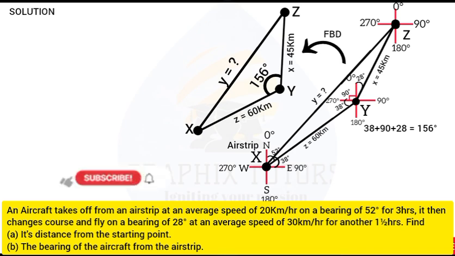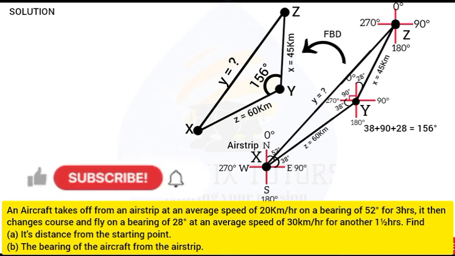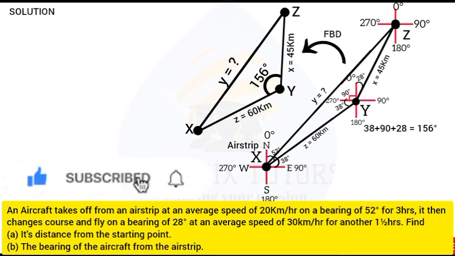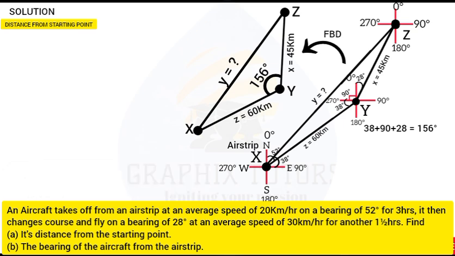So the next thing we are going to be doing here is to calculate the distance from the starting point. Now there are many ways you can achieve this, but one of the ways is that we're going to use cosine rule in getting the distance from Z to X. And why am I using cosine rule?